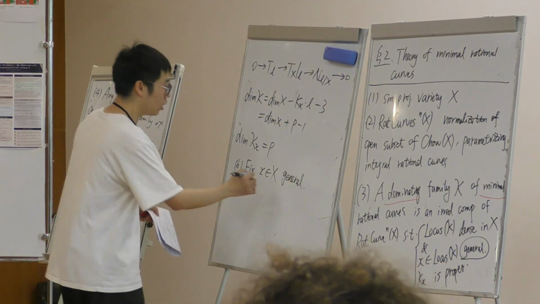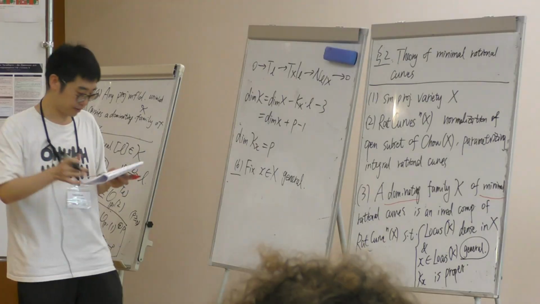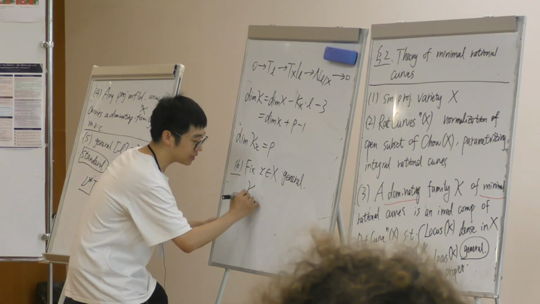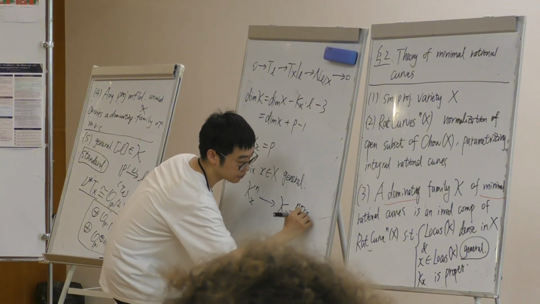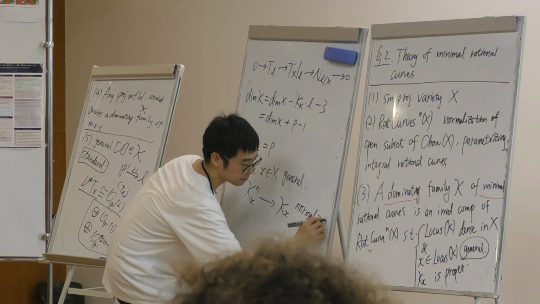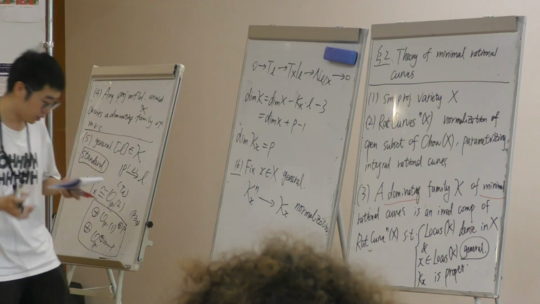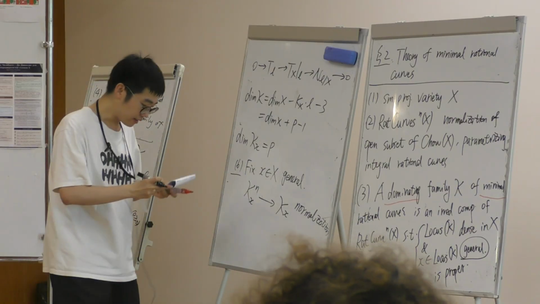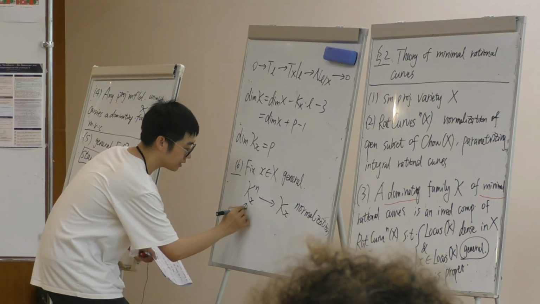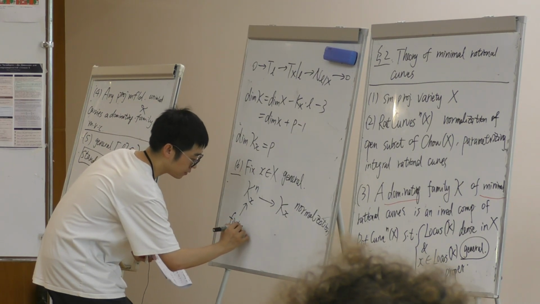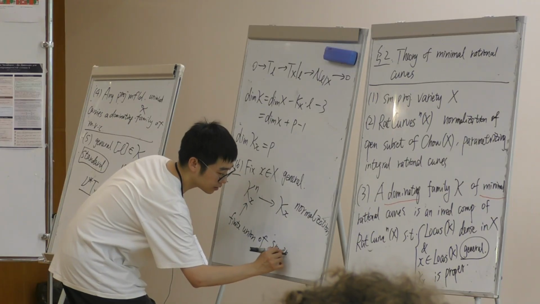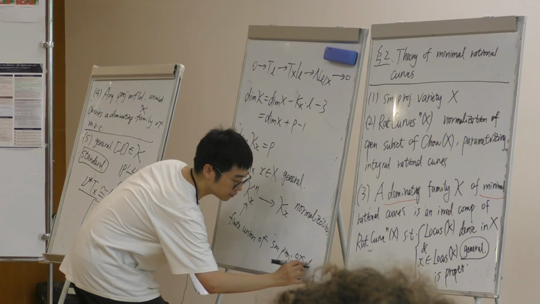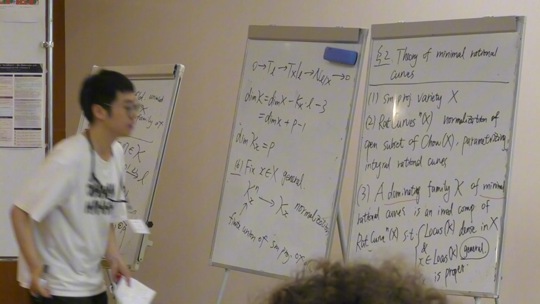Let's continue. If we fix the general point X, then we take the normalization of this Kx. This is a finite union of smooth projective varieties of dimension p.